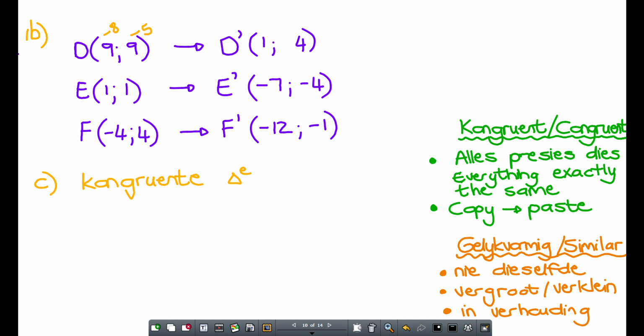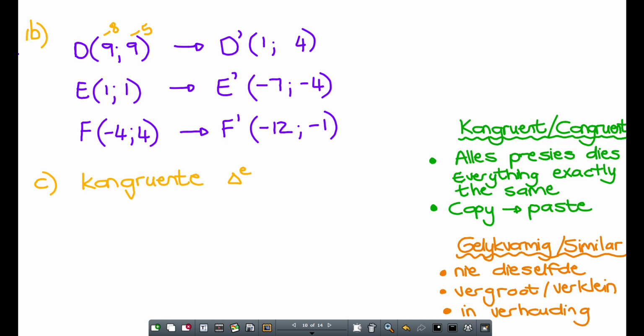So basically, these two triangles, the one is the enlargement of the other, or it's the reduced version or reduction of the other. Okay, so the size of them will be different. Okay, and then whenever they are enlarged or reduced, that will be done in proportion.